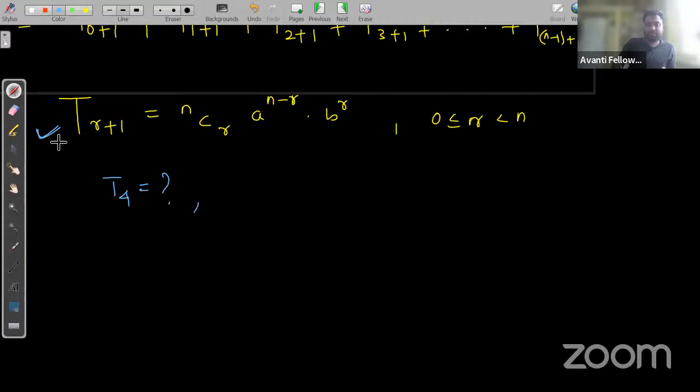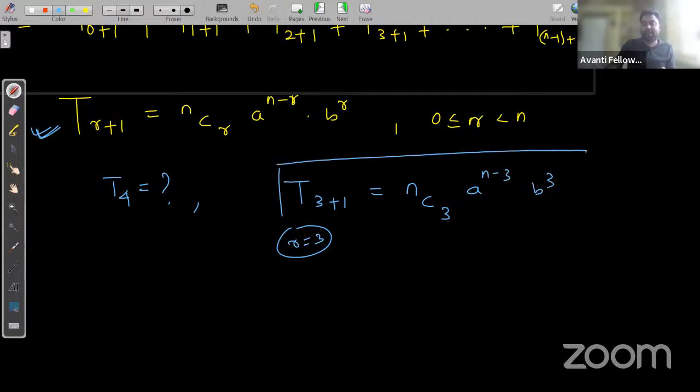So by using this formula, t(3 plus 1). The value of r here is 3, right? So nC3 a to the power n minus 3 into b to the power 3. So this is my fourth term of the expansion (a plus b) to the power n.